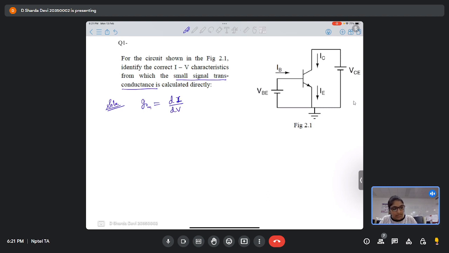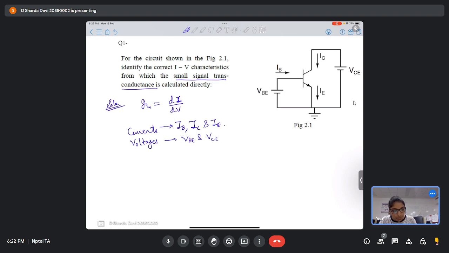See here, if we see in this image, we have currents as IB, IC and IE, right? And when we talk about the voltages, we have VBE and VCE.